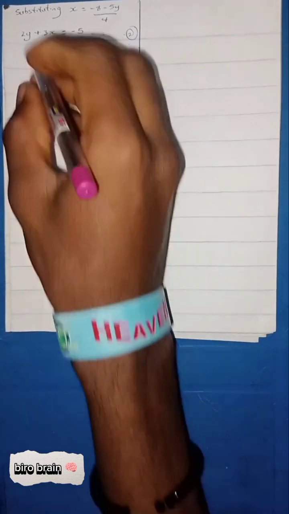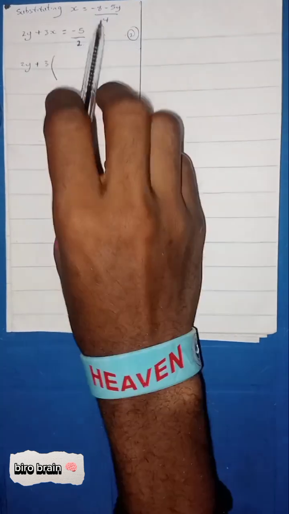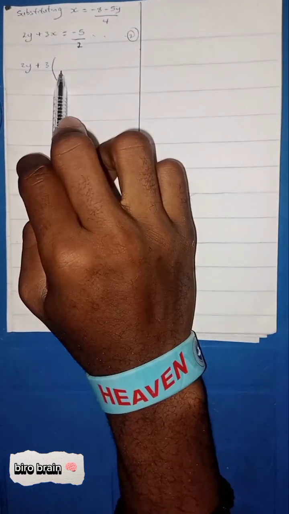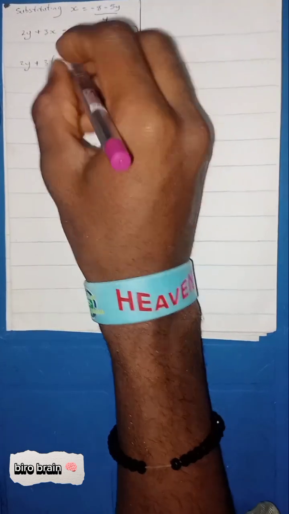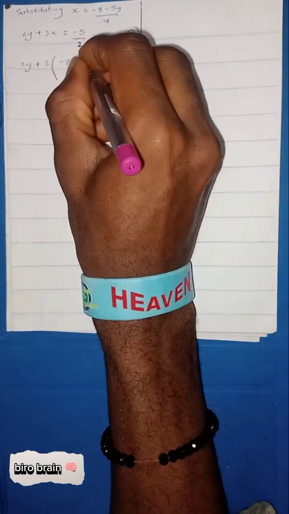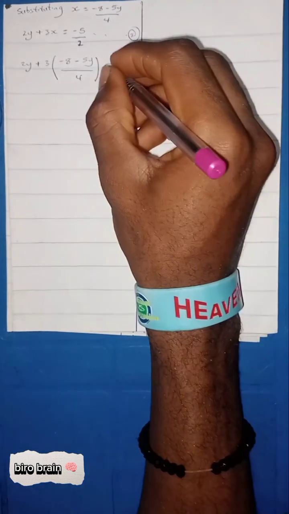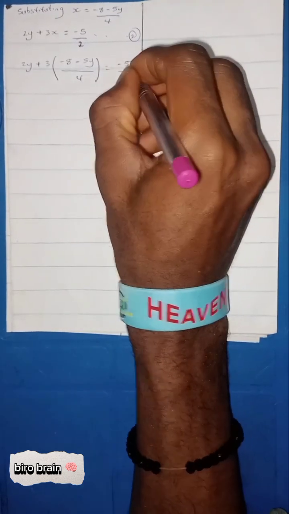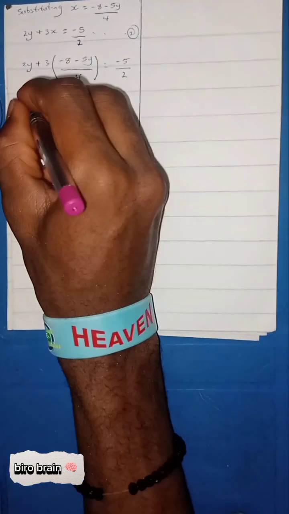So we have 2y plus 3 brackets. Now everything in this x, we put it in this x over here. So we have minus 8 minus 5y over 4, close bracket, equals minus 5 over 2. Okay, let's open the brackets.